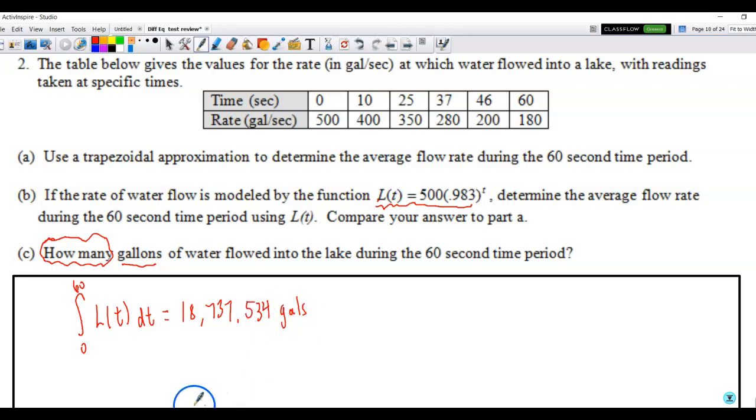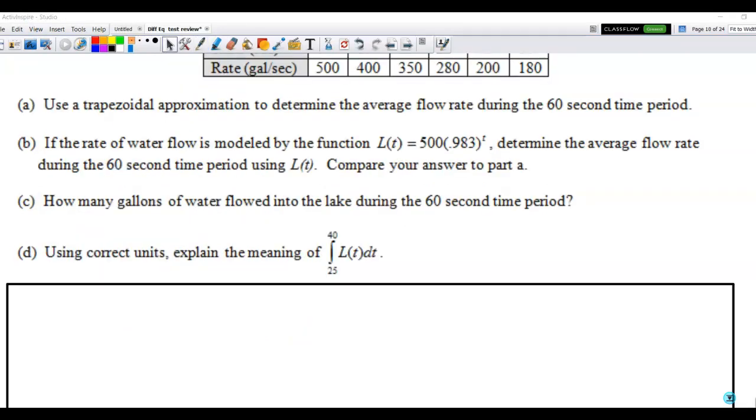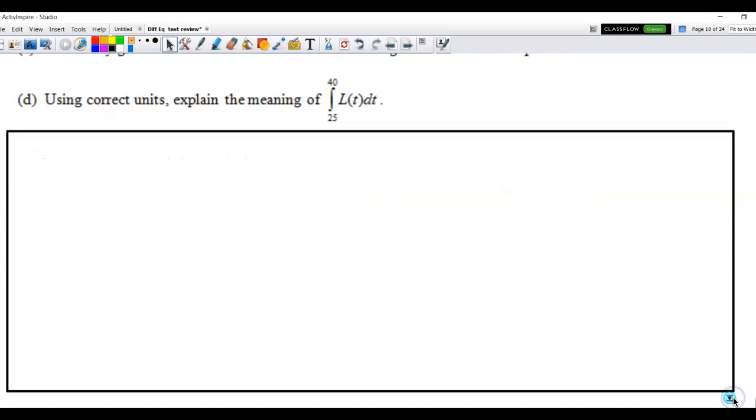Yeah, flow rate. Water into the lake. So letter D, we are explaining the meaning of, which I just actually kind of talked about in the last problem. We know that from part C that when we write that integral, we are doing an accumulation of gallons of water that flowed into the lake.